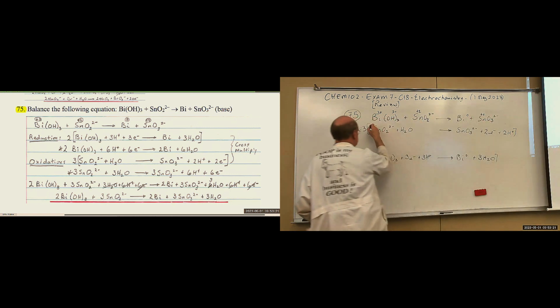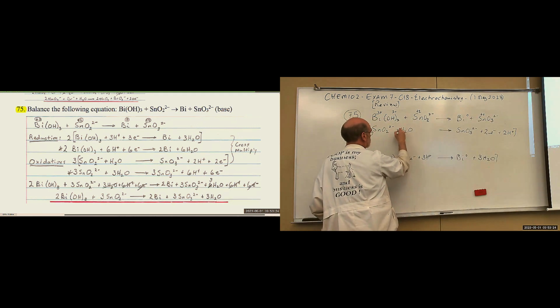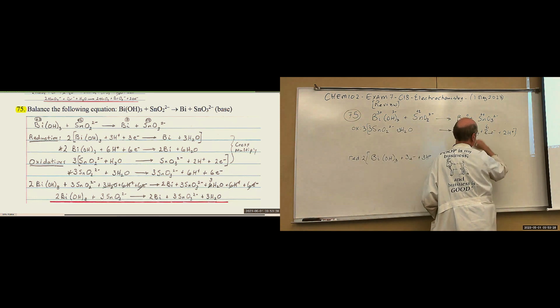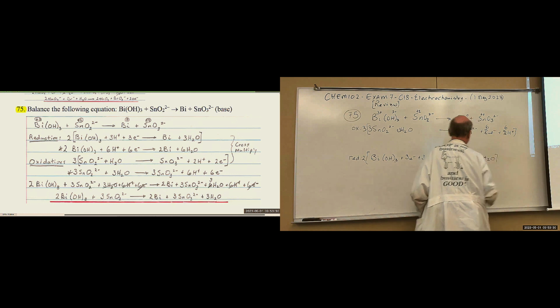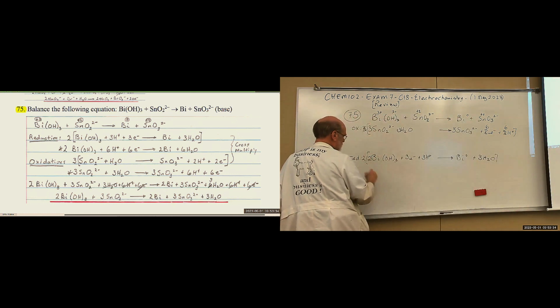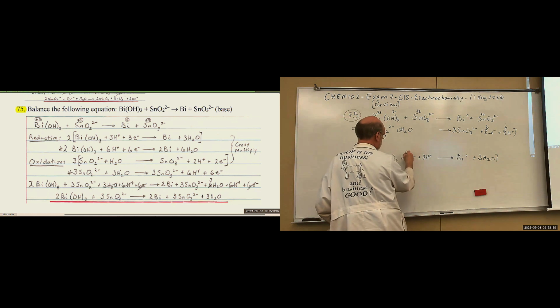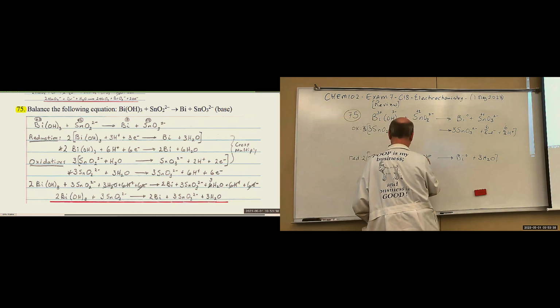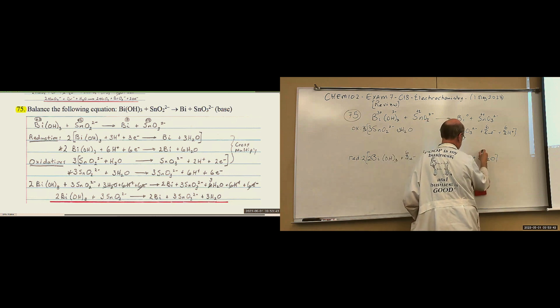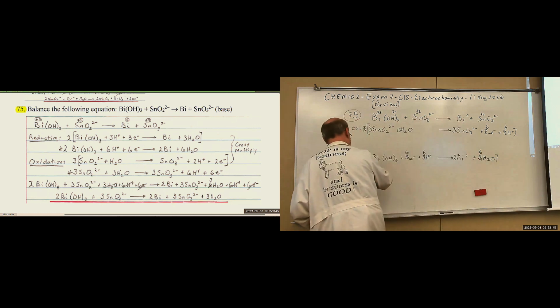Okay, so that means we need 3 here, 3 there, 3 there. 3 times 2 is 6. And we use that one up. 2 here. 2 times 3 is 6. 2 times 3 is 6. We use that one.